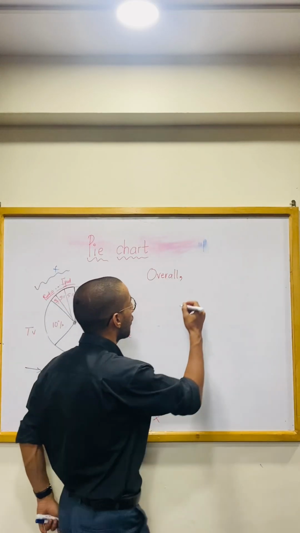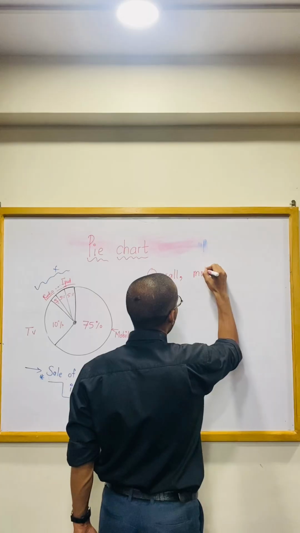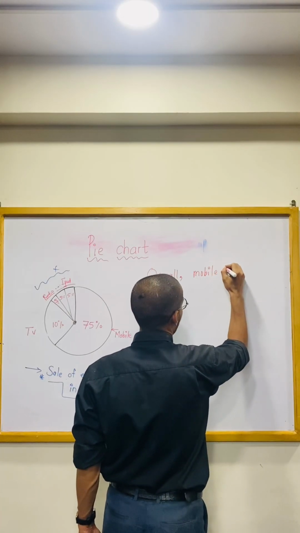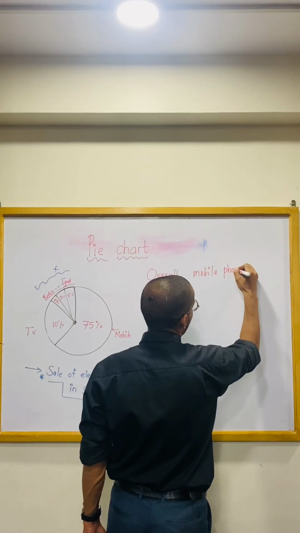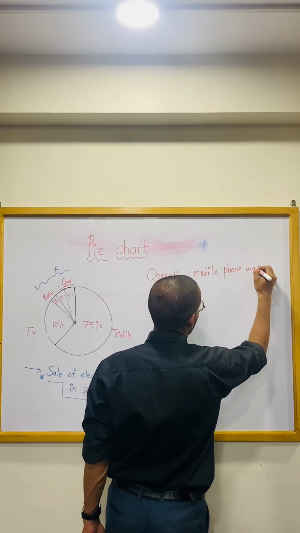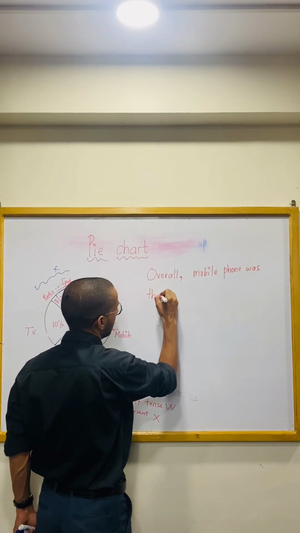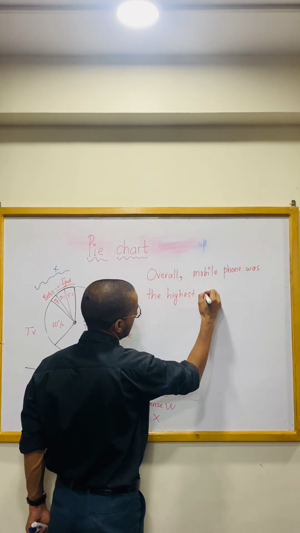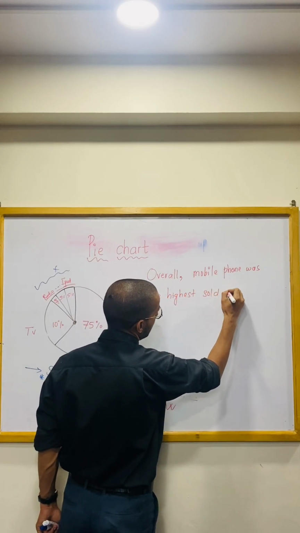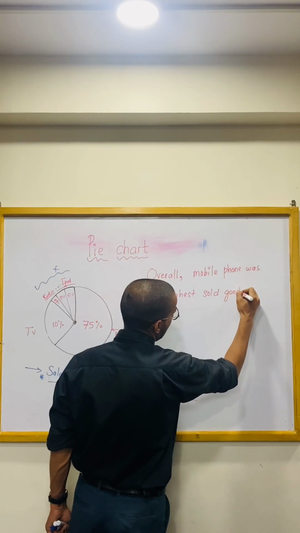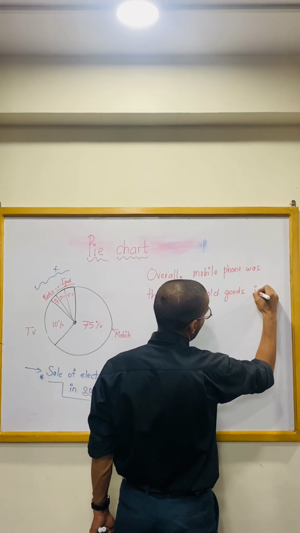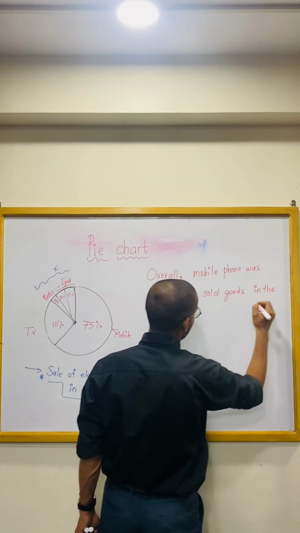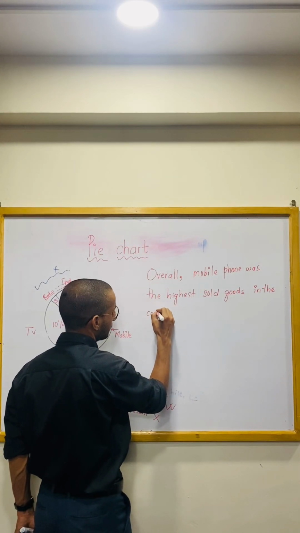We will say overall mobile phone was the highest sold goods in the country.